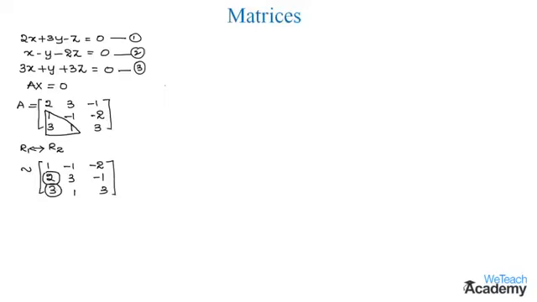So in order to convert the element 2 to 0, we need to use the transformation R2 implies R2 minus 2 times R1. And similarly, to make element 3 to 0, we need to perform the operation R3 implies R3 minus 3R1.